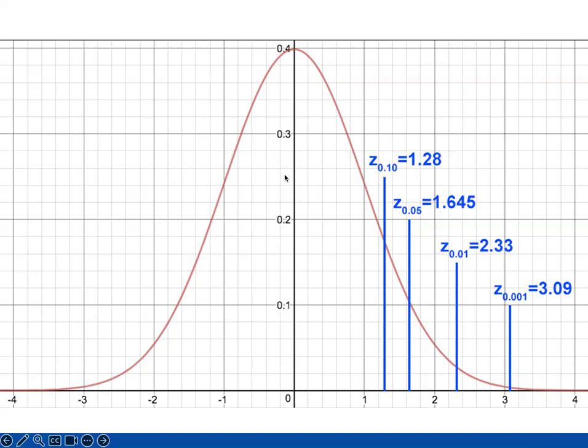Therefore, for these two values of alpha, we will reject the null hypothesis. However, for alphas 1% and 0.1%, the test statistic 2.2 is less than the critical values. Therefore, according to the rejection rule, for these two values of alpha, we will not reject the null hypothesis.